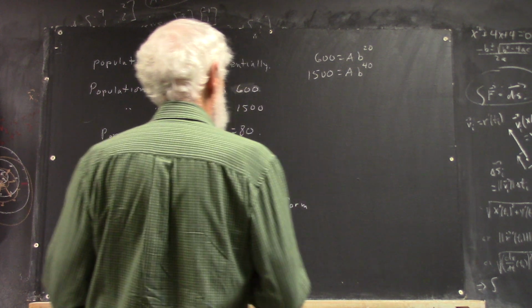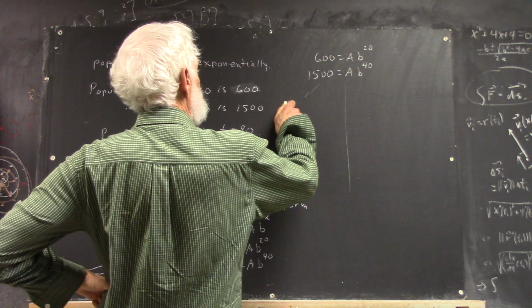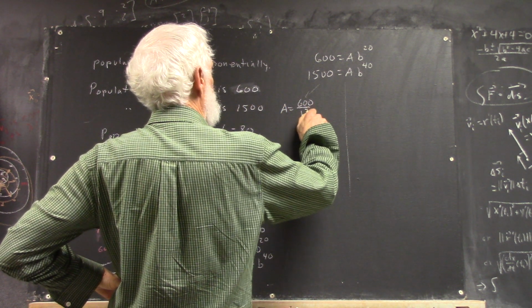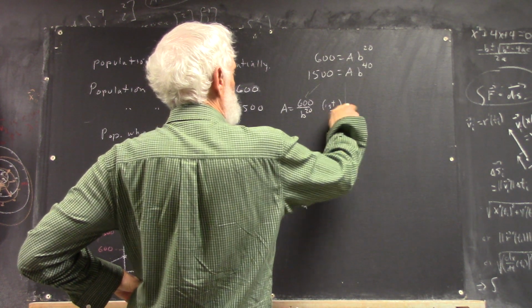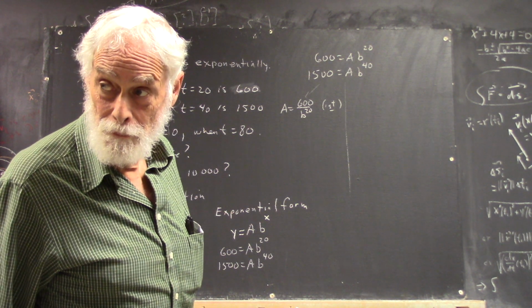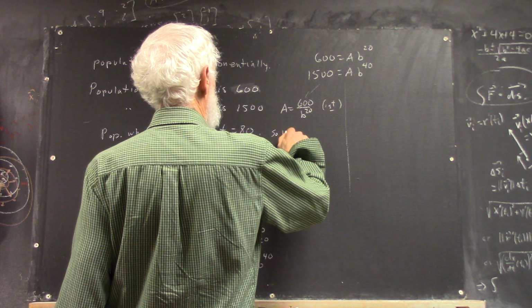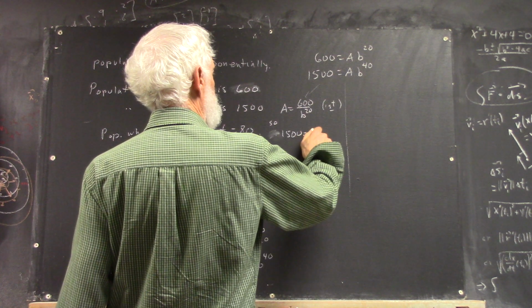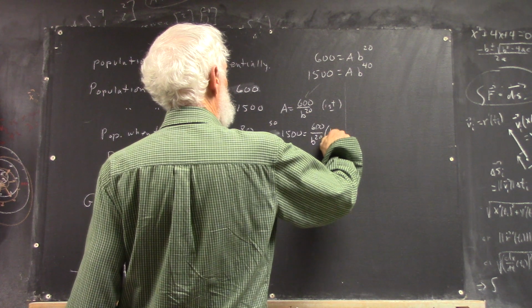Okay, so I'm going to do it both ways. One way: I just write first, that's from the first equation. That's totally obvious. So 1500 equals 600 over b to the 20th times b to the 40th.